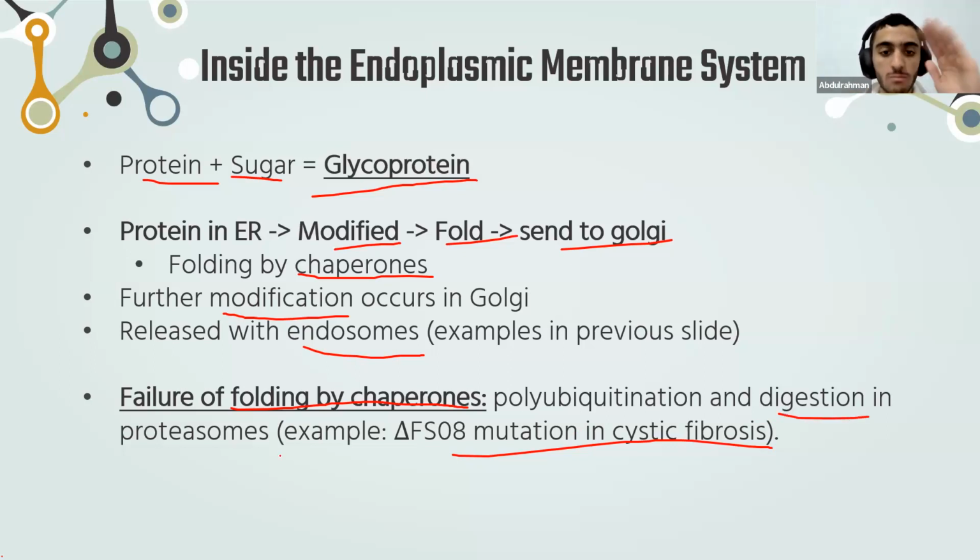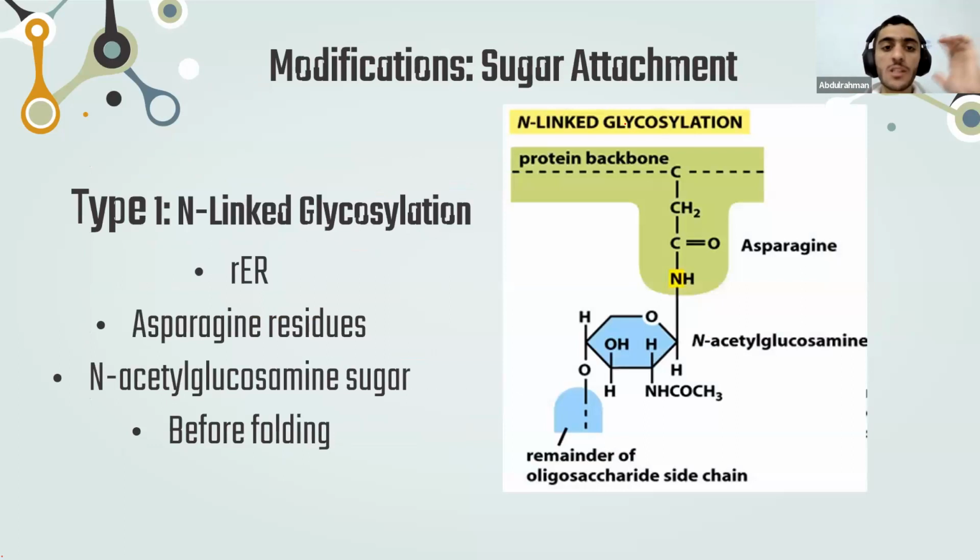So we said one of the modifications was glycosylation. Now there are two types of glycosylation that you really need to know and differentiate. The first one is N-linked glycosylation. What happens in N-linked glycosylation is that it takes place in the rough endoplasmic reticulum.